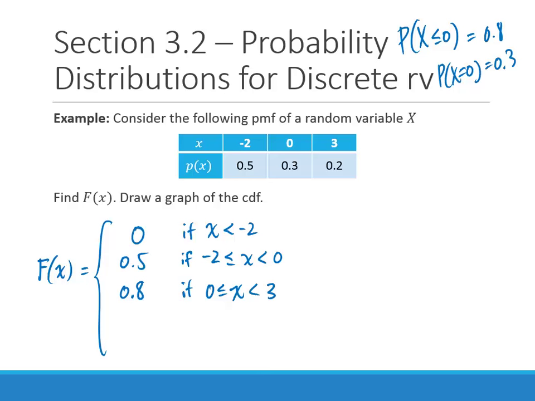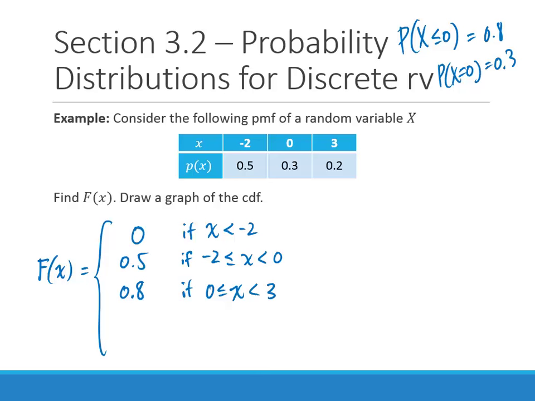Yeah, Mary. Right there you have that x is greater than or equal to 0, but less than 3. Shouldn't it be 0.3, because the extra 0.5 is for less than 0, which x can't be? So the question was, if x is bigger than or equal to 0, shouldn't it just be 0.3?